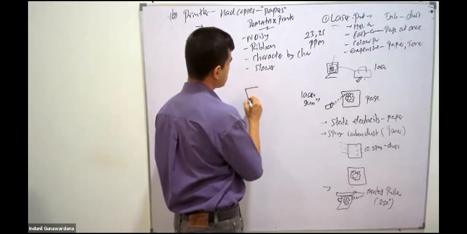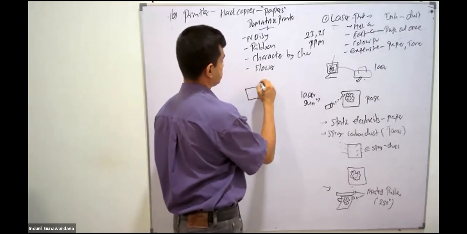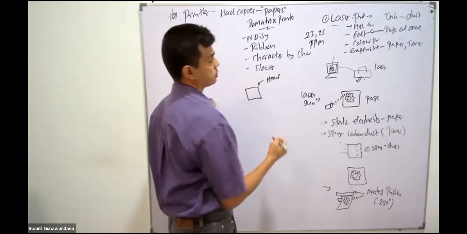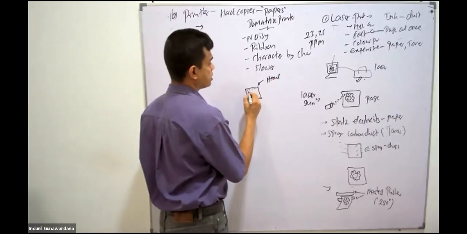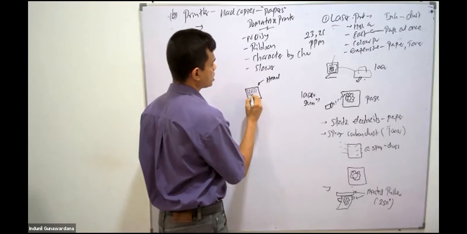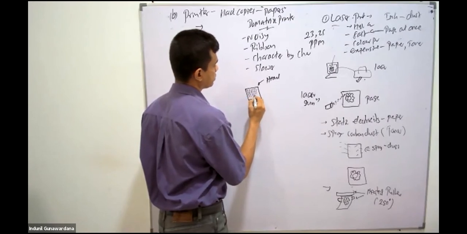Inside that, it has a certain print head. This is a print head. The print head is made with tiny pins. They are not like safety pins. They are not sharp like that, but a large number of pins are packed into it.